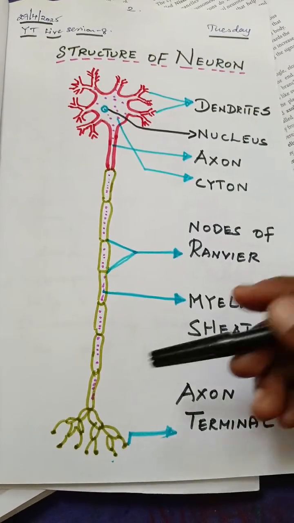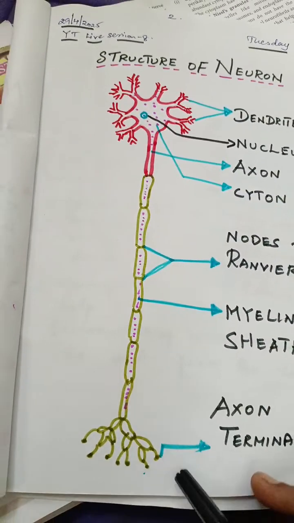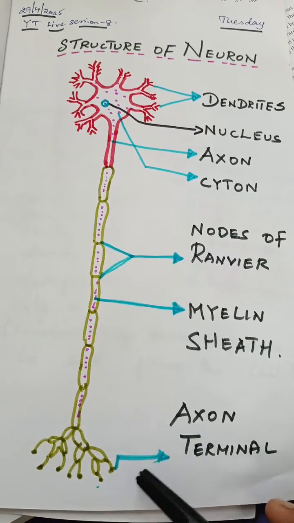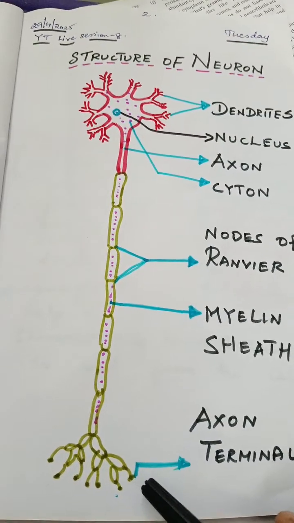And then we have the axon terminal. This is the nerve ending, we can say the axon terminal. This axon terminal is going to transmit the signals from one neuron to another neuron.